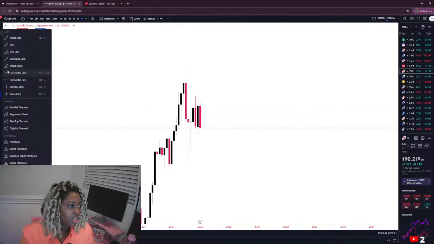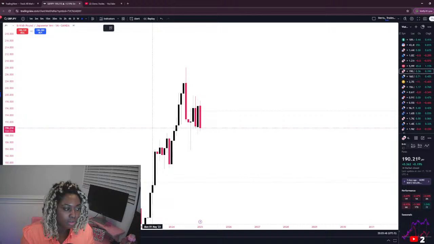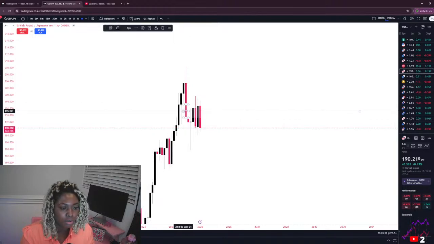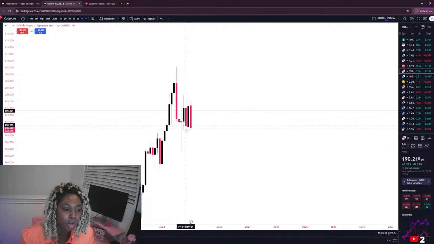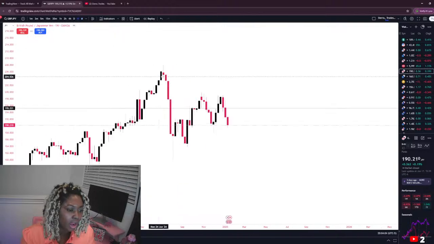So this is a significant level. It's an important level. I am going to mark that up. I'm not going to mark the monthly high or low because price did not wick the high or the low yet.